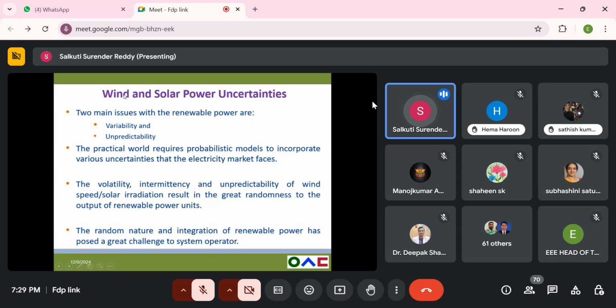The main problem with wind energy and solar energy is that they are variable, unpredictable, intermittent, or uncertain. When these sources are uncertain, in the practical world, we need some kind of probabilistic models to handle these uncertainties.